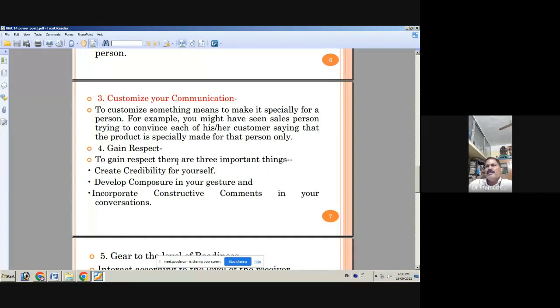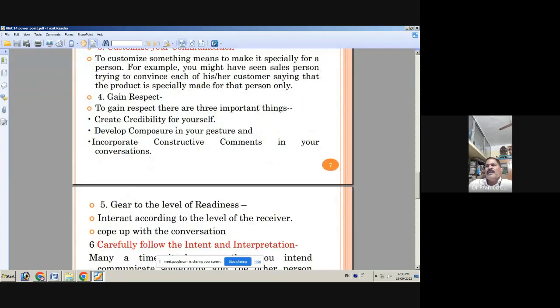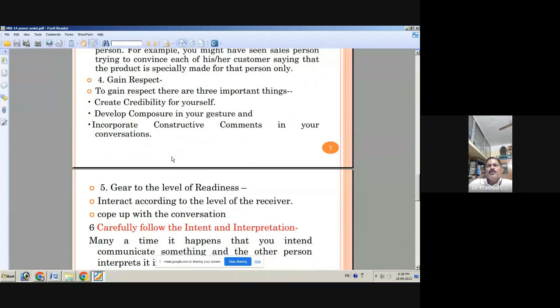To gain respect, there are three important things. Create credibility for yourself that you deserve the prestige, develop your gesture, and always provide some constructive comment.